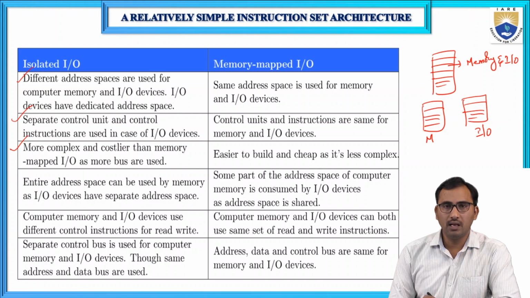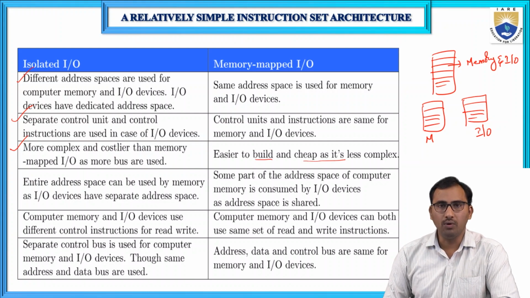Similarly, as the number of buses increases, the cost also increases. But memory mapped I/O is much easier to build and cheaper, because here the same bus lines are used in order to access the memory as well as I/O devices. So we are using fewer buses, and that's why the cost and complexity also reduce.